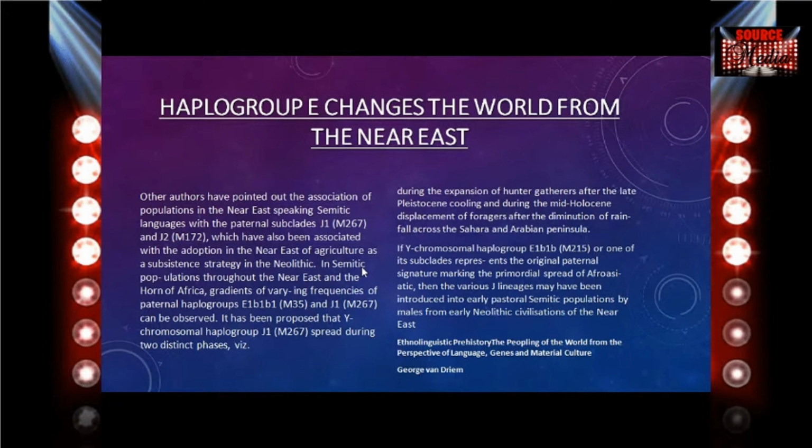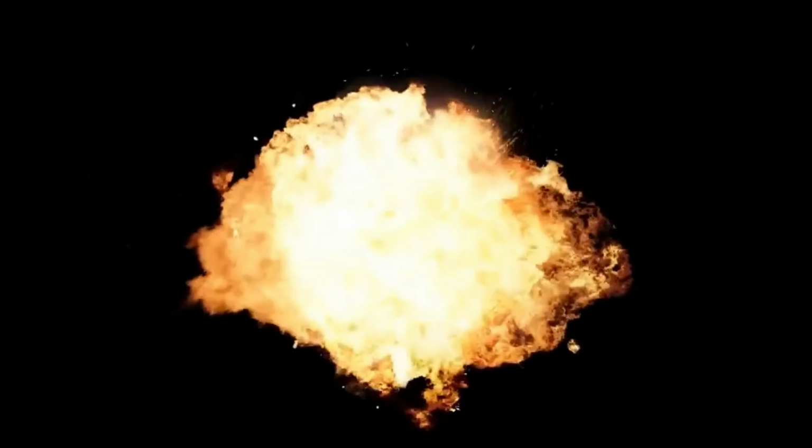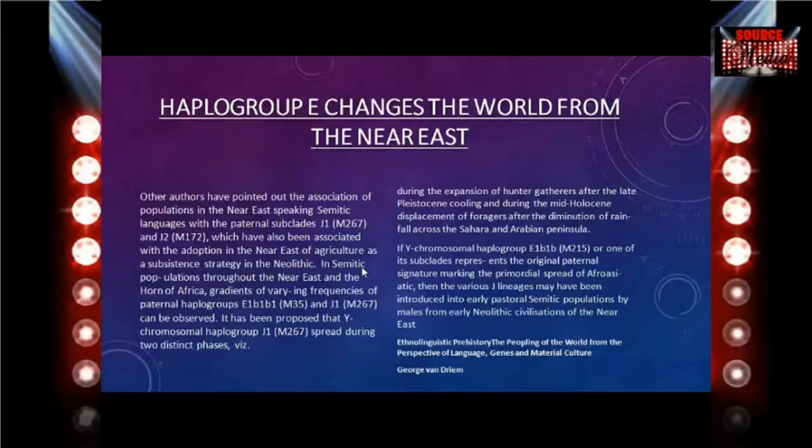If the Y chromosome haplogroup E1B1B or one of its subclades represents the original paternal signature marking the primordial spread of Afro-Asiatic, then the various J lineages may have been introduced into early pastoral Semitic populations by males from early civilizations of the Near East. This is saying your J lineages are culture vultures. They came in and adopted our culture, man.